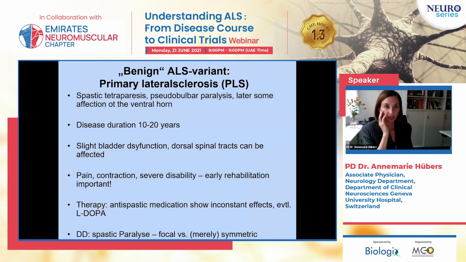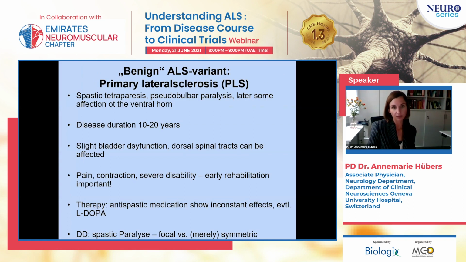I mentioned primary lateral sclerosis several times, so we don't have to go into very much detail. Just to mention that antispastic therapy may show inconsistent effects.